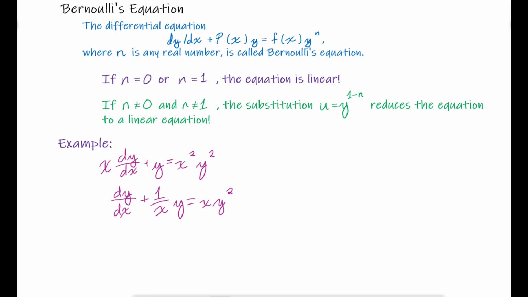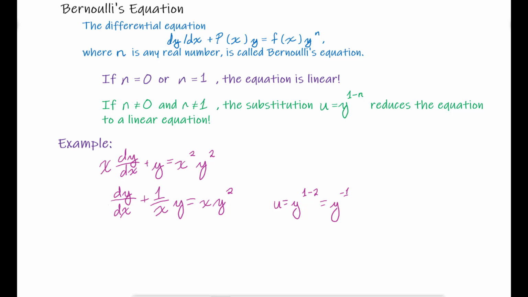So I'm going to use the substitution of u equals y to the 1 minus 2 power. Now you may be looking at this and saying, you don't have any y to the negative 1 power, so what good is this substitution going to do you? That's a good question. Instead, I have y's that I could be making a substitution for.